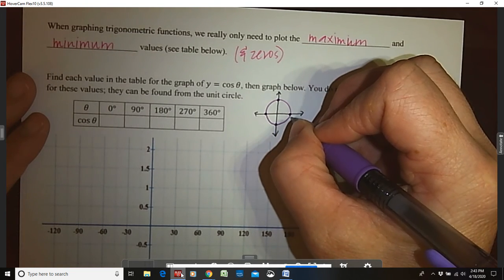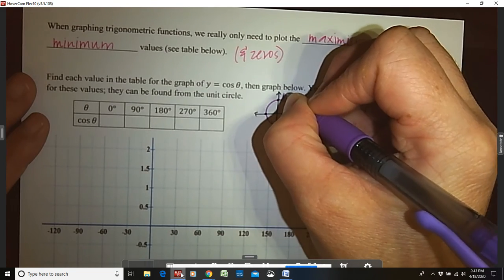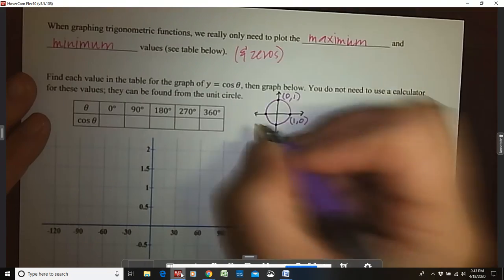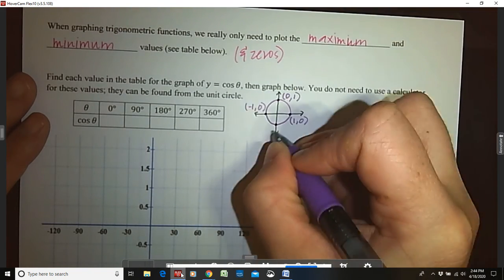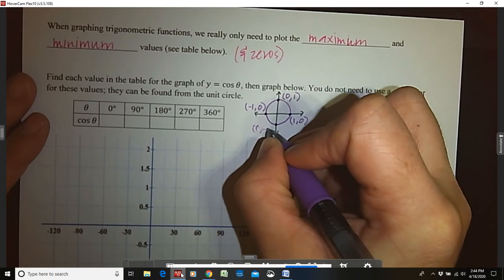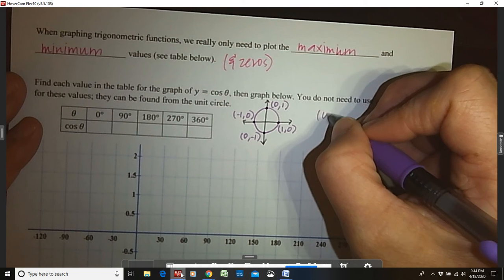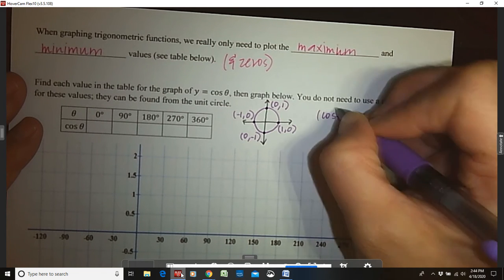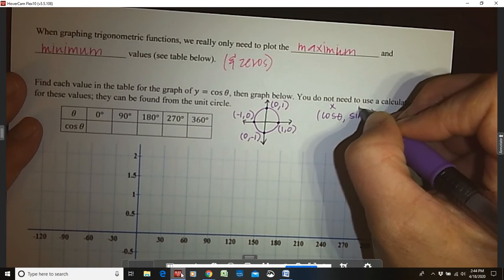I know these have the points 1, 0. This one is 0, 1. This one is -1, 0. And this one down here is 0, -1. We also know that cosine is the x-coordinate at these values, and sine is the y-coordinate at these values.